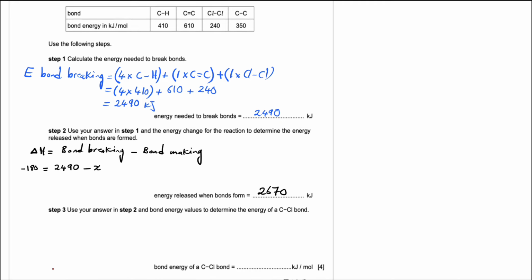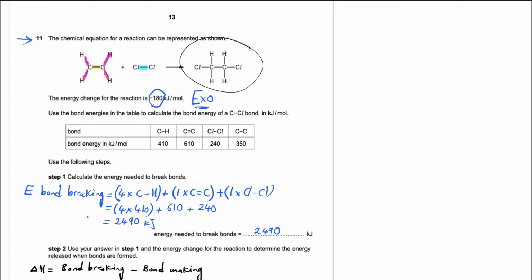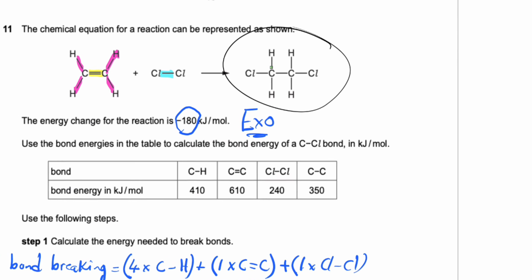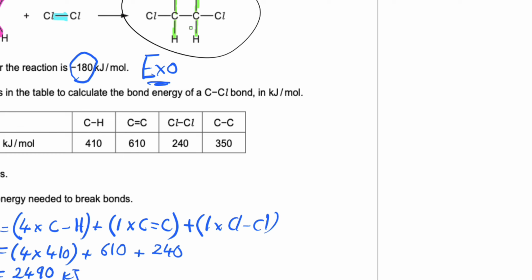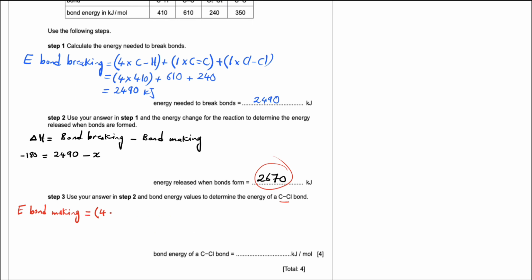In step 3, he's asking you to use the bond making energy and to calculate the energy of the carbon chlorine bond. So remember, the energy of the bond forming or making is the total bond energies for the product side. So here we have 4 single bonds between carbon and hydrogen, so 4 times the bond energy between carbon and hydrogen.